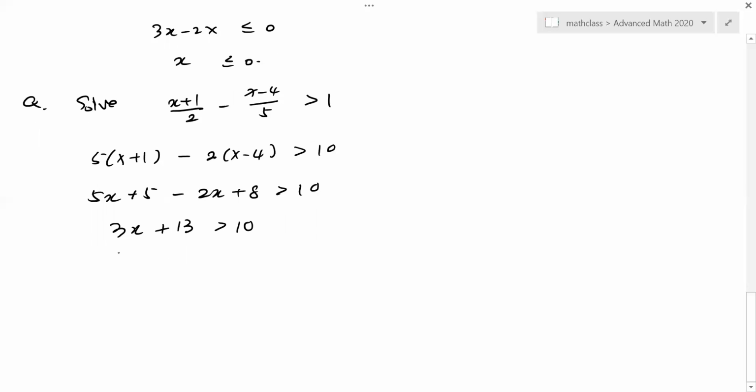Okay. Then you move 13 to the right-hand side, so you get negative 3. And then you divide both sides by 3, so x is greater than negative 1. Okay, good.